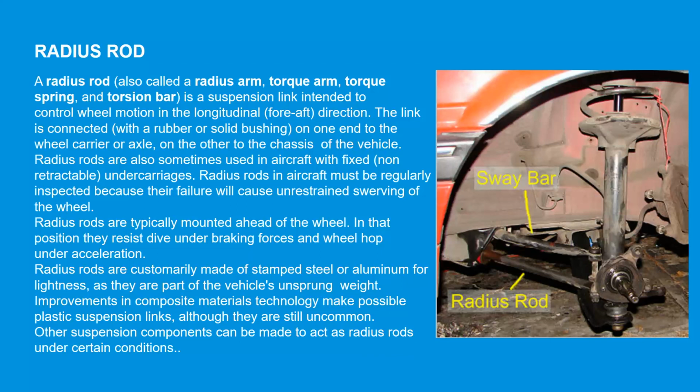And third, the main part, buy a radius rod only from trusted sellers. Otherwise you will have problems with your suspension system, the driving experience will get reduced, and even the chances of accidents may increase due to the unauthenticity of the dealer and the part as well.